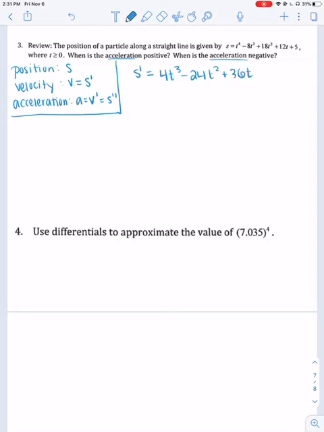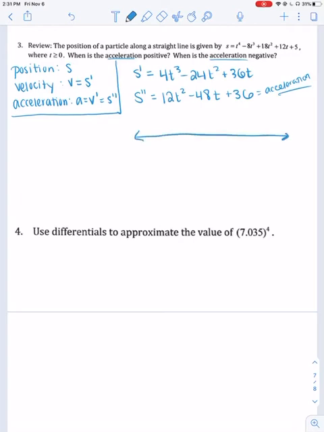And then we're going to differentiate again, and we get 12t squared minus 48t plus 36. And so this is the acceleration function. And so when is it positive and when is it negative? Well, just make a sign pattern chart.